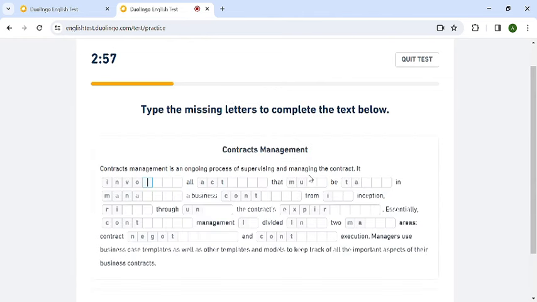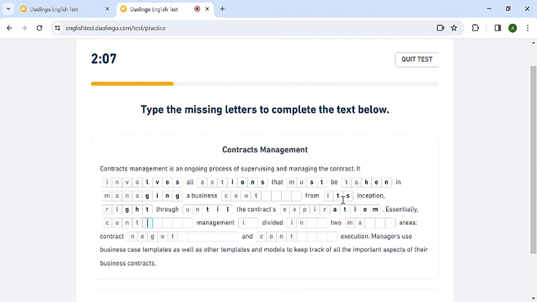Contract management is an ongoing process of supervising and managing contracts. It involves all actions that must be taken in managing a business contract from its inception right through until the contract's expiration.